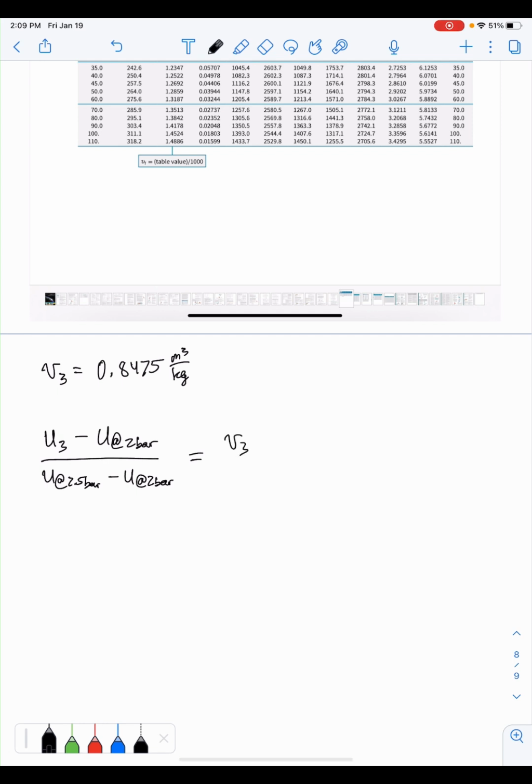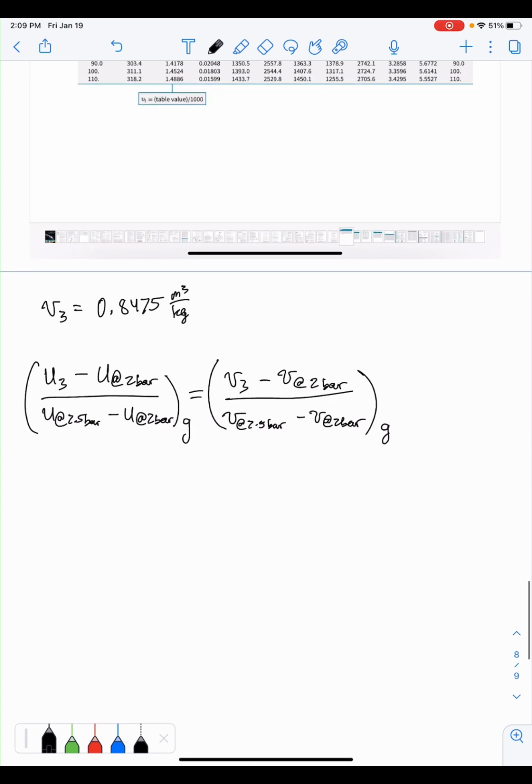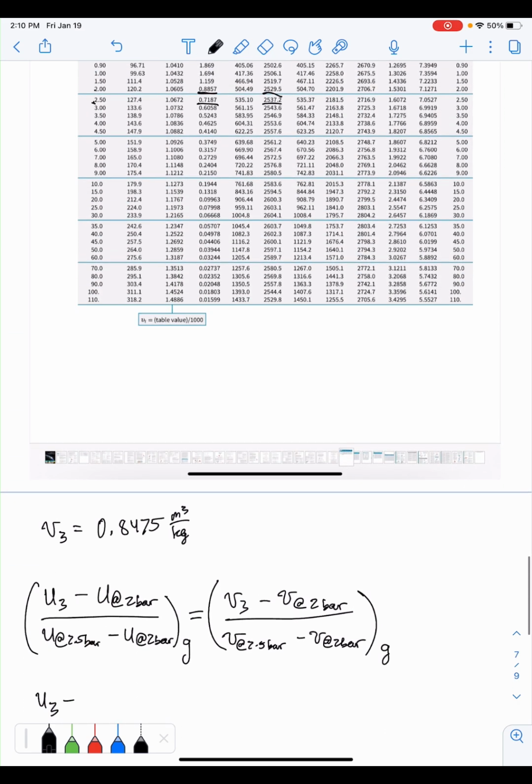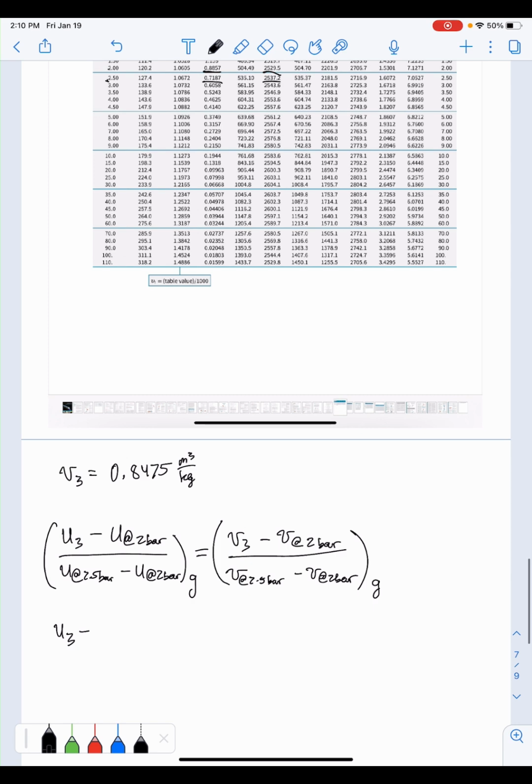What we have is specific volume. I'm writing this all for the gaseous form. Okay, let me plug in our values real quick. For 2 bars, this is the value that I see.